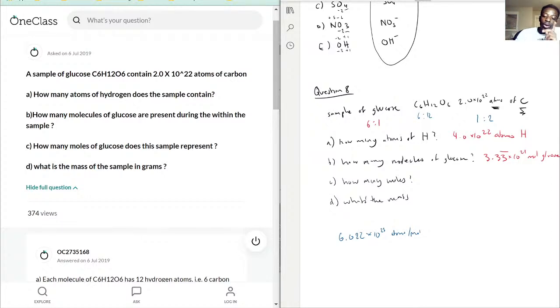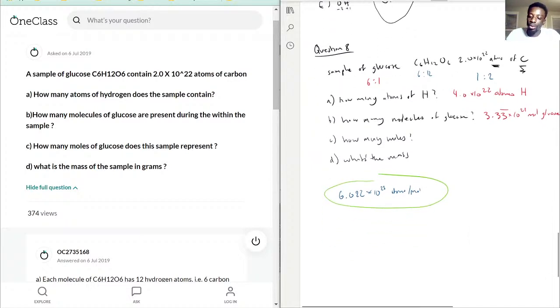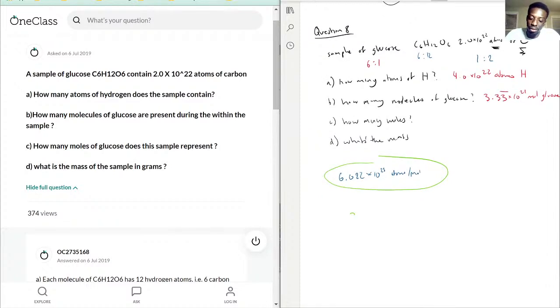And now it's asking for how many moles. So remember, we have this Avogadro's number here, but that also applies to molecules, particles, etc. Because you want to go from atoms to moles, you have to divide these molecules by Avogadro's number to give you the moles. So we have 3.33, repeating, times 10 to the 21 particles, and we know for every 1 mole there's 6.022 times 10 to the 23rd particles.